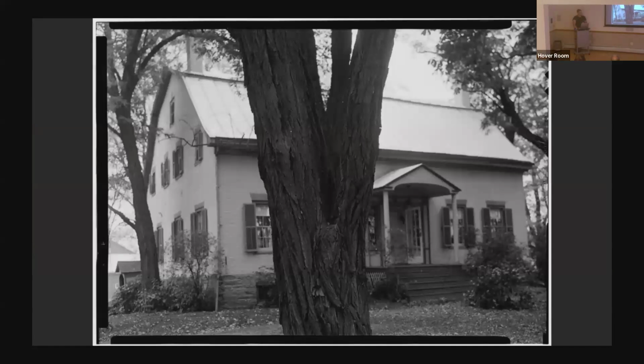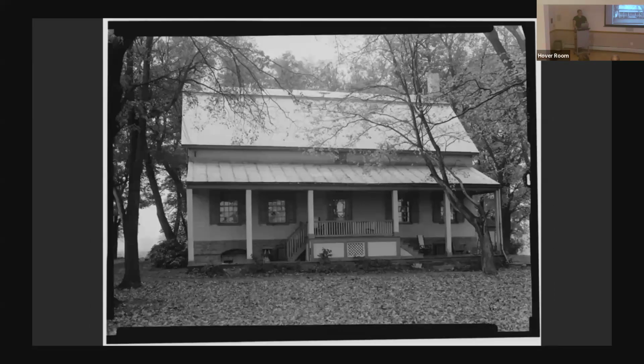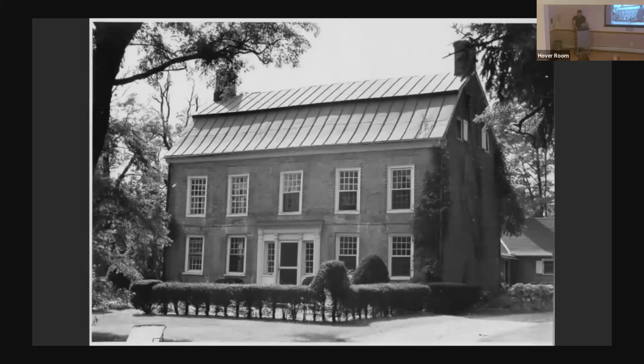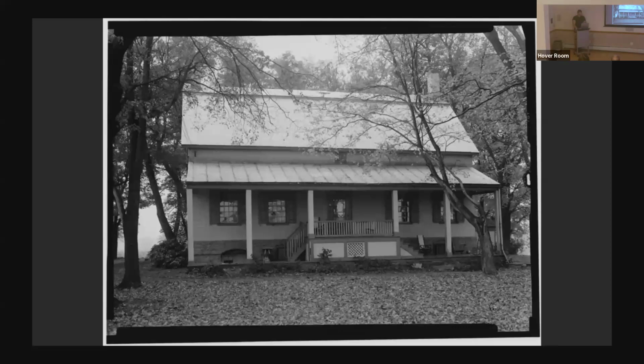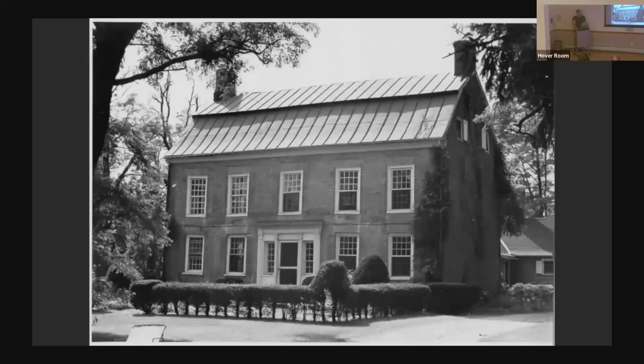A couple of HABS, Historic American Buildings Survey, photos of the Callender House as it looked in the 1930s. I've never seen this house with my own eyes, and I haven't seen any recent photographs of it either. There's another shot of it from the 1930s. Like I said, Colonel Samuel Tenbrook, this is the Bowery just across the Roloff Jansen Kill from the Callender House.